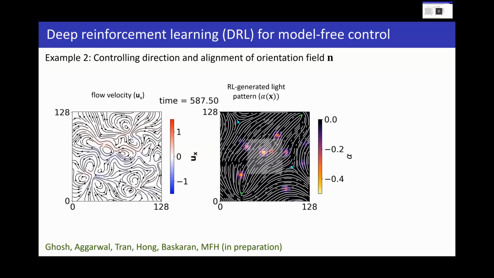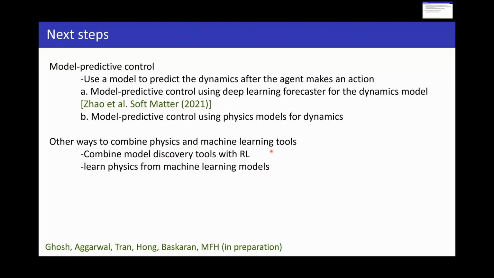But of course, there are ways you should be able to make this better, and that's what we're looking into now. There are many ways in which you can combine physics knowledge with machine learning tools to hopefully make the reinforcement learning train faster and more reliably.